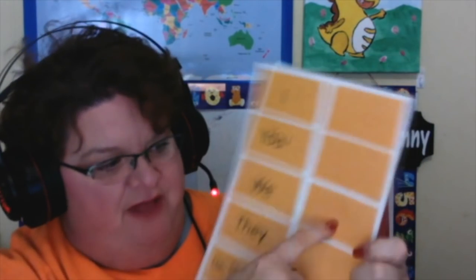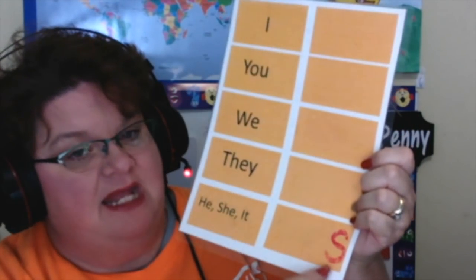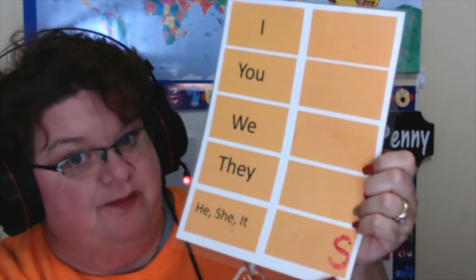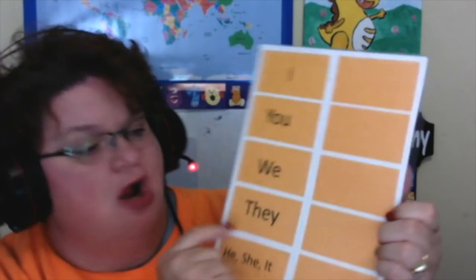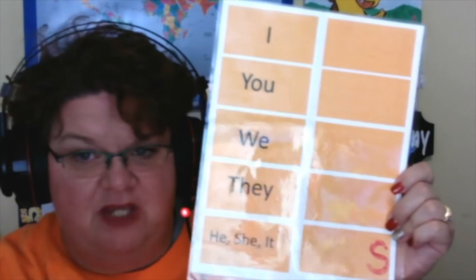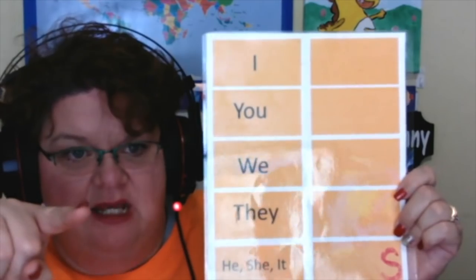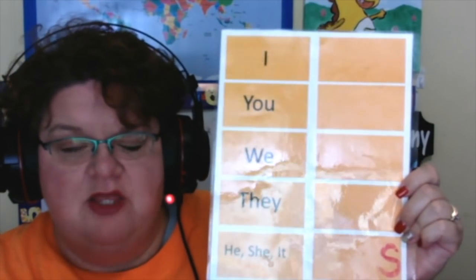So on this one, I would have the chart filled in already. Fly, fly, fly, fly, flies, but make that S a different color. So fly, and you're going to start with the he. So you would circle the picture of the little boy with the kite, and then circle the sentence.